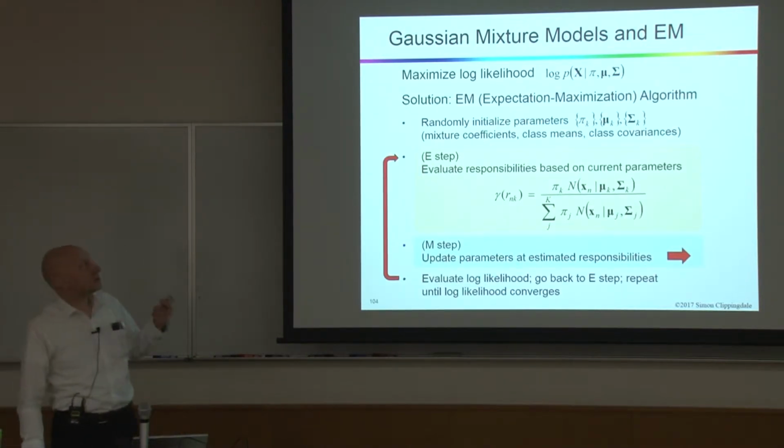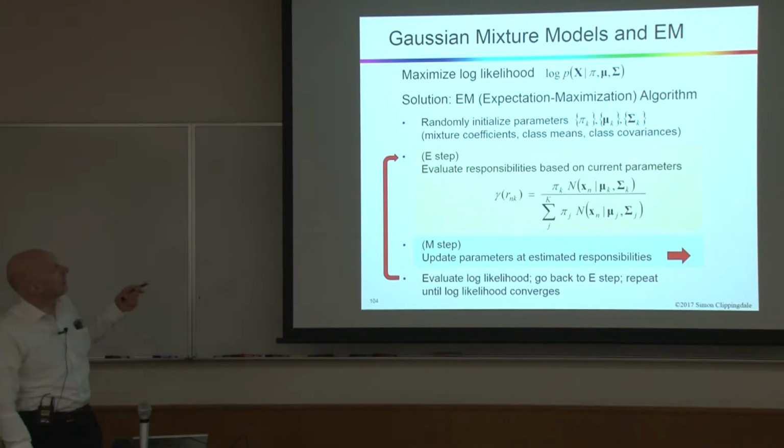So the thing that we're trying to maximize now, rather than minimizing an error measure as we were with k-means, is this. This is the log likelihood, which is the log of the probability of all the data given all the mixture coefficients, all the class centers, and all the class covariances. So the probability of everything given everything, more or less.